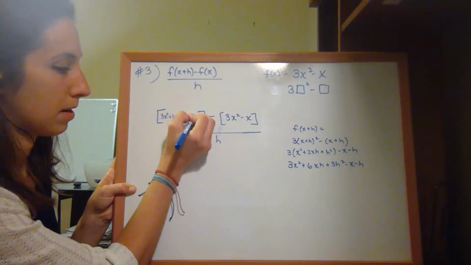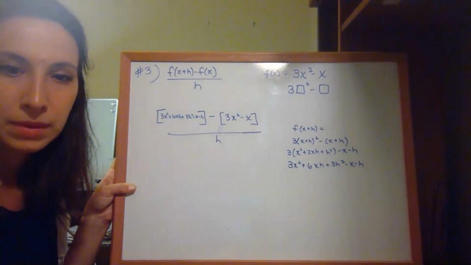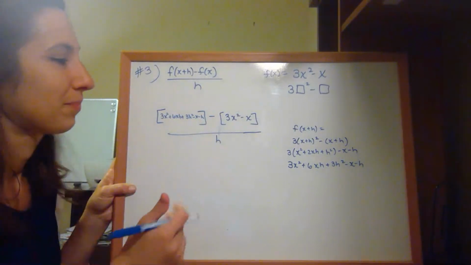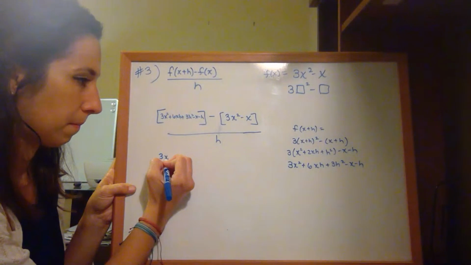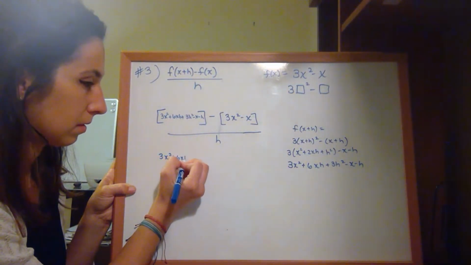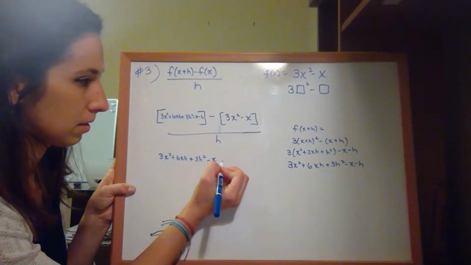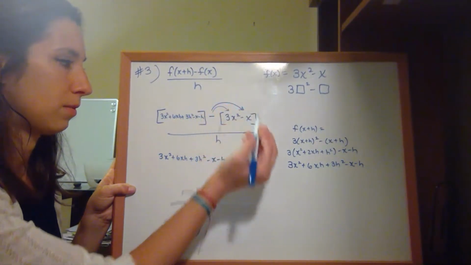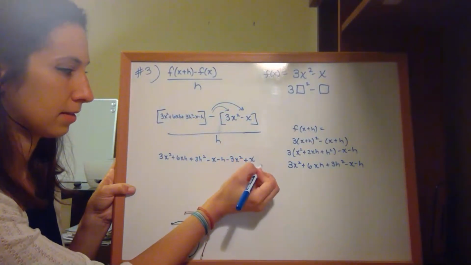Now all of that again, plus h plus 3h squared minus x minus h. Now distribute and distribute. Minus 3x squared plus x.